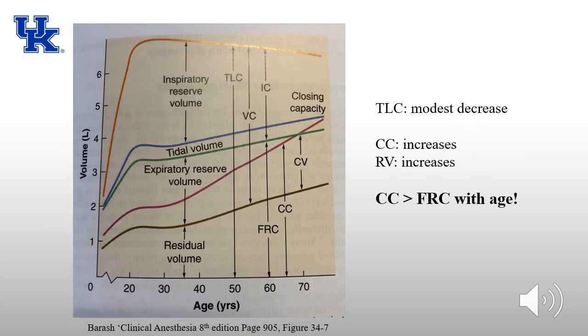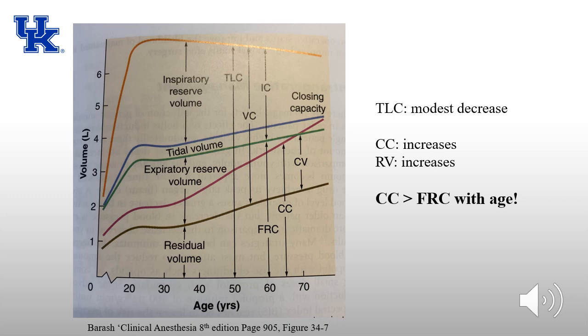So here in this graph, the changes in lung volumes over time with age. Just to point out that while your total lung capacity really does not change that much as you get older, what increases, as you can see here in the graph, is your closing capacity. This definitely increases with age.